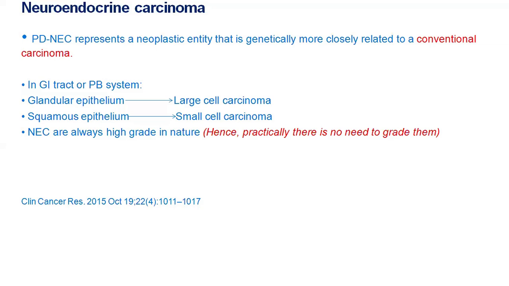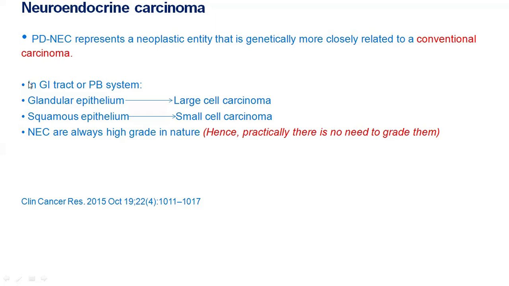Now coming to the neuroendocrine carcinomas. The first contrast between neuroendocrine tumors and neuroendocrine carcinomas is the origin. Neuroendocrine carcinomas, by definition, are poorly differentiated. These represent a neoplastic entity that is genetically more closely related to conventional carcinomas.